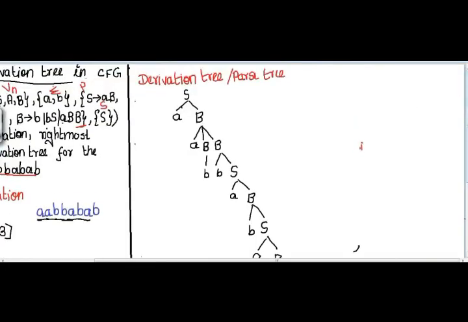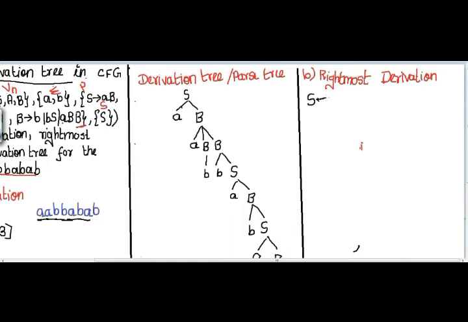So either it is leftmost derivation or rightmost derivation, the first thing we should do is start with the start symbol. And the start symbol for this grammar is S. So I'll write S over here. Now I'll rewrite this input symbol also so that it will be easy for me to explain.